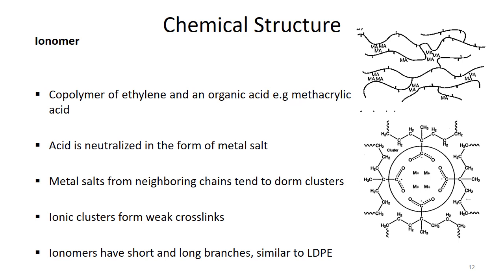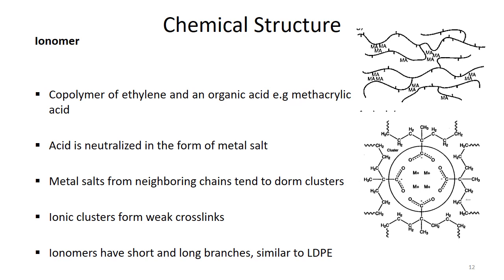The acid moieties have been neutralized to form a metal salt, and these metal salts form clusters with neighboring chains. Because we are using this methacrylic acid type of copolymer with ethylene, these carboxylate groups form a cluster type of structure, and the net result is the overall structure shown in the figure below, in which ionic clusters form weak crosslinks between adjacent chains.